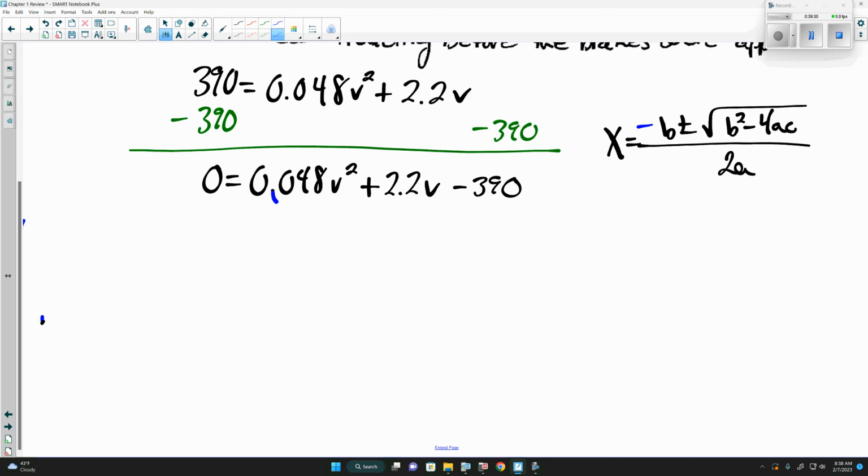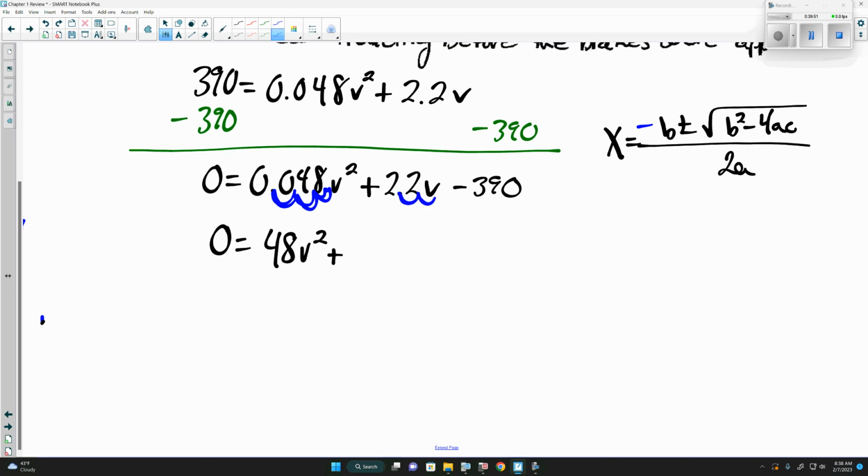However, if I multiply this by 10, we get 0.48. If I multiply it by 100, we get 4.8. And if I multiply it by 1,000, I move that decimal 3 over, we get 48v squared. That's a nicer number to work with, yes? Plus, I moved it 1, 2, 3 times.